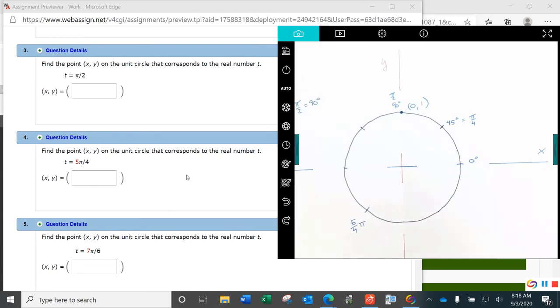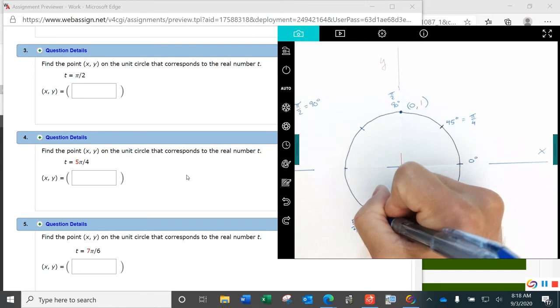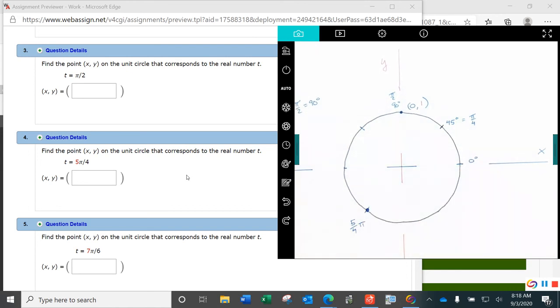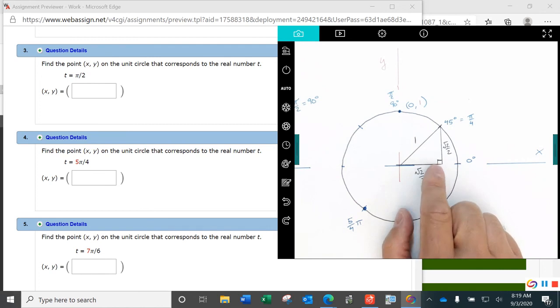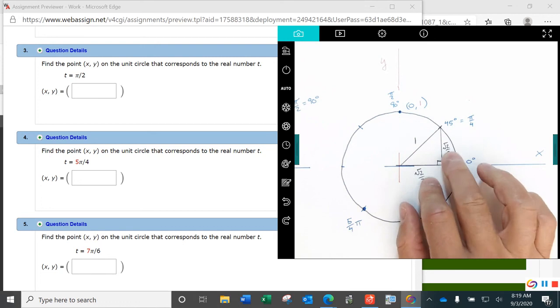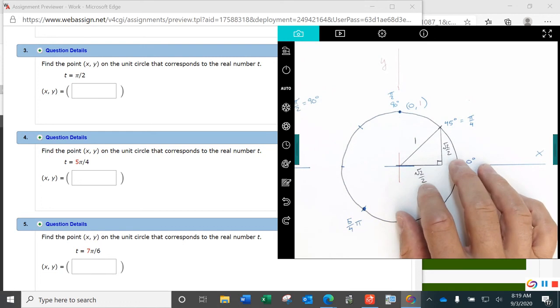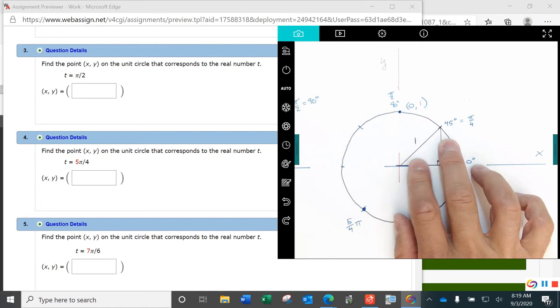And I'm going to put the ordered pair that belongs to 5/4 pi. Now, one thing that we'll recognize is this is that nice little triangle, that very convenient triangle, the isosceles right triangle. So I've drawn the nice isosceles right triangle in here. Now, because of the Pythagorean theorem, the x and y coordinates are the same when we have an isosceles right triangle.